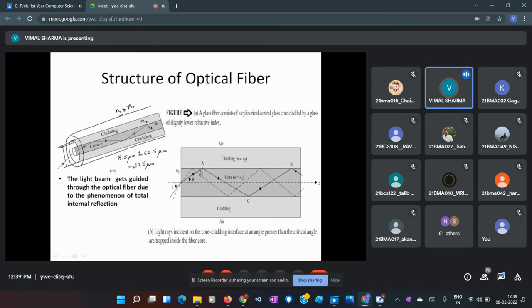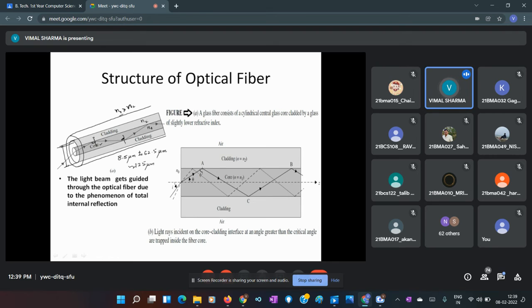And then it is reflected. Angle of incidence is always equal to angle of reflection. So that means the angle here is also equal to what? It is equal to this angle. So total internal reflection, when it is fulfilled here, this is more than the critical angle, so this is also more than the critical angle.